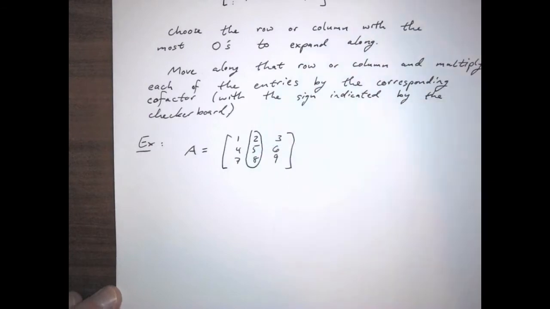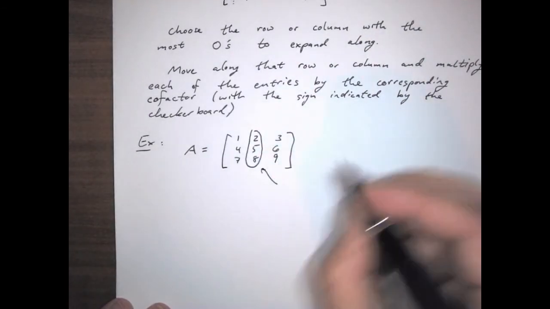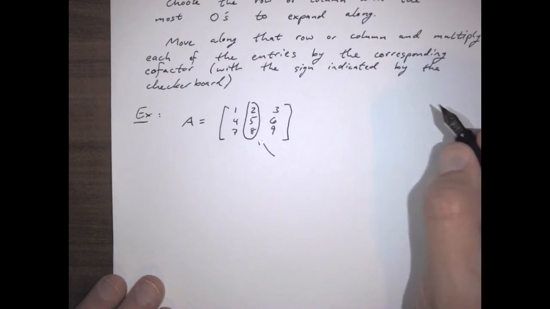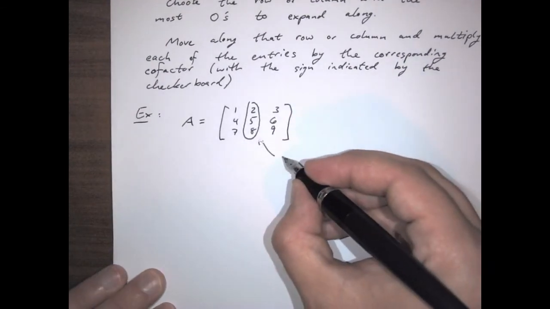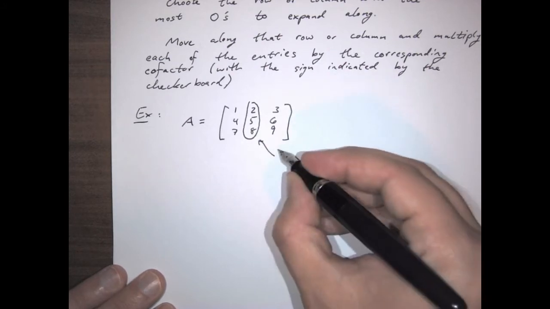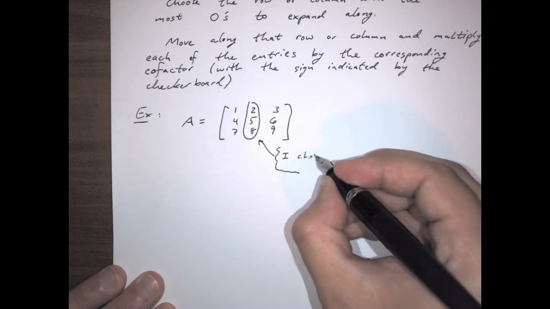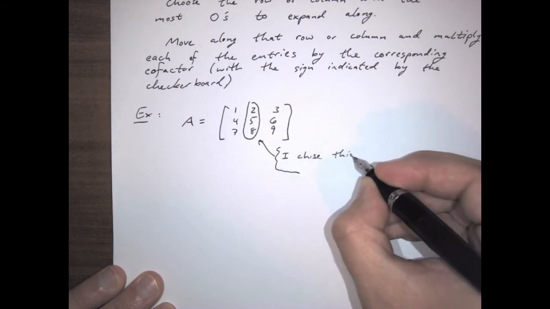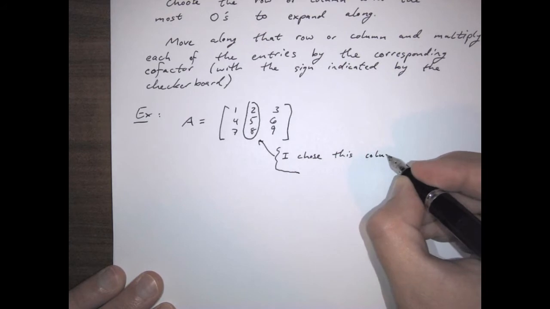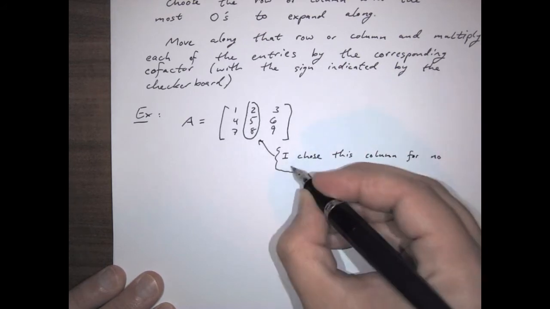There it is. It's the one I chose. So for no reason in particular, I just happened to choose this column just so we'd see how it all works. This is just a commentary. This column for no particular reason.